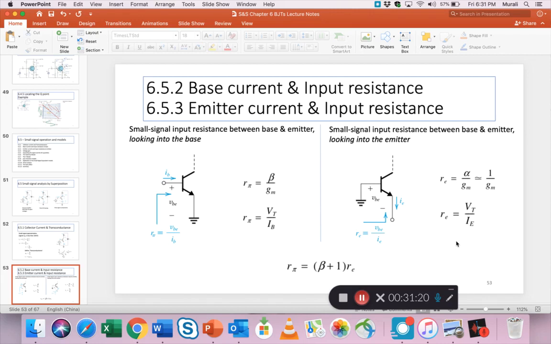are all supposed to help us create a small signal model that helps us analyze the small signal effects in a very algebraic way without having to worry about the exponential behavior of the transistor.